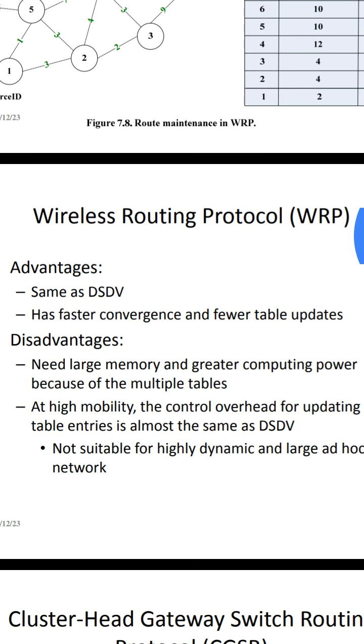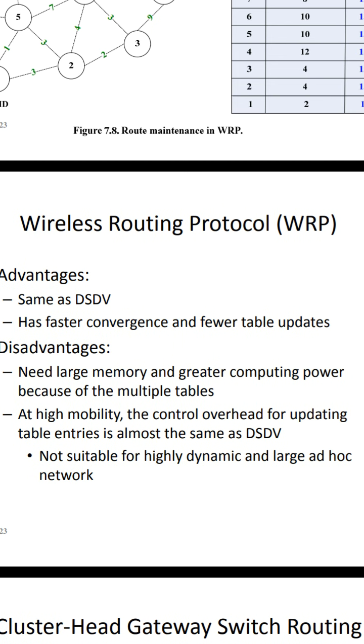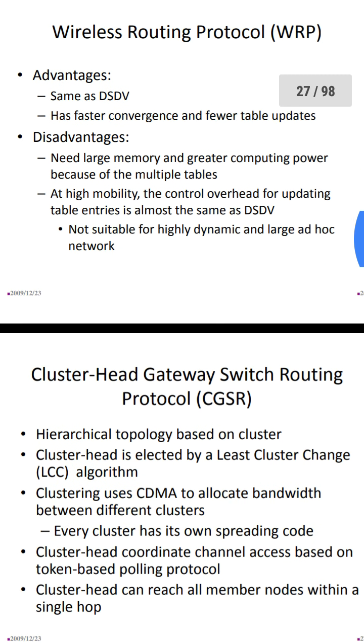The disadvantage is more memory and greater computing power due to multiple tables. Since we maintain multiple tables, we need greater computing power and also a large amount of memory. And also in high mobility, whenever high mobility occurs, there is the overhead of updating all these table entries. These are the advantages and disadvantages of the wireless routing protocol.